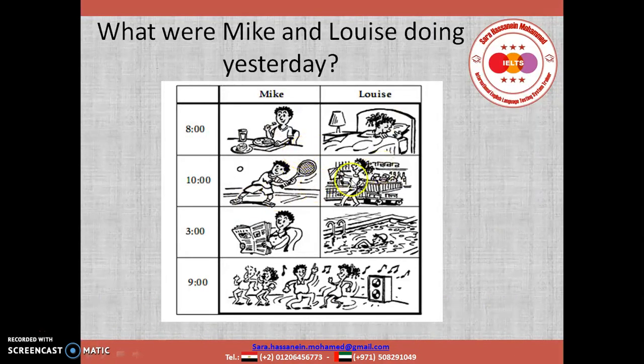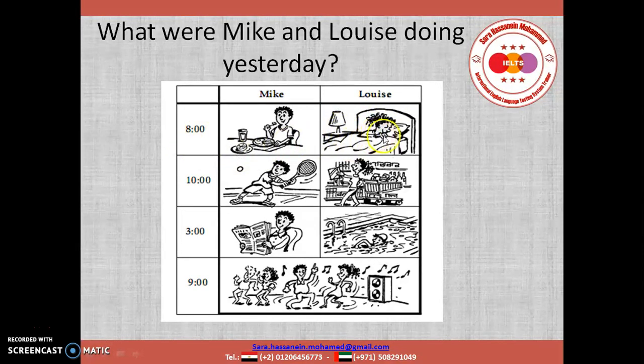Then let me now ask you questions about these pictures to check your understanding. What was Mike doing at 8? Could you think about an answer? The correct answer is Mike was eating. How about Louise? What was she doing at 8?